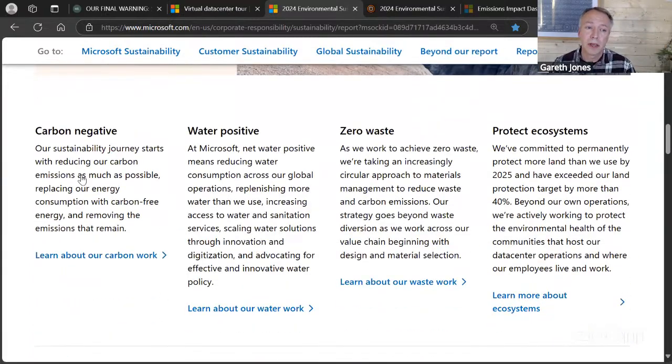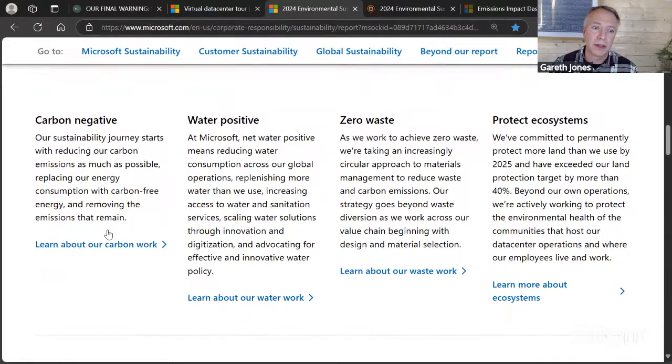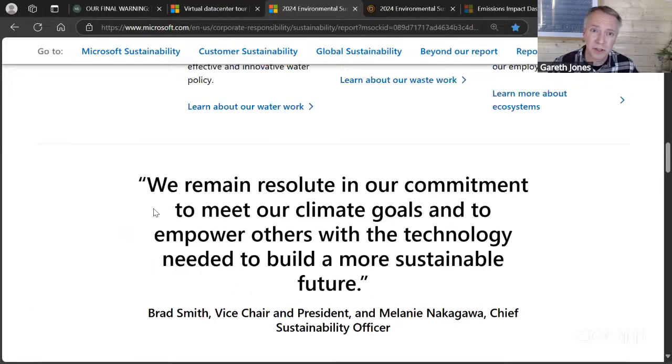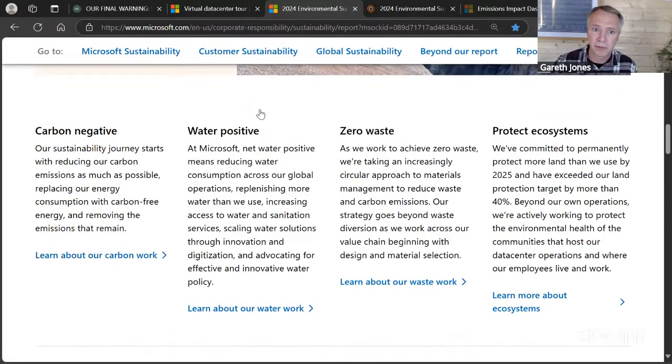They aren't talking about just becoming carbon neutral, but about getting rid of all of the carbon emissions which they've generated since they first started, and becoming things like water positive, because these data centers do tend to have a lot of water needs, which might seem a bit strange, but there's a lot of cooling needs. You've got to keep people fed and watered and all of those sorts of things too.